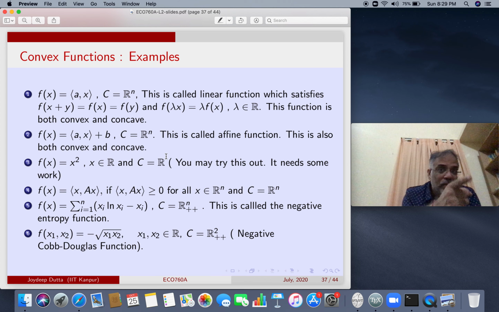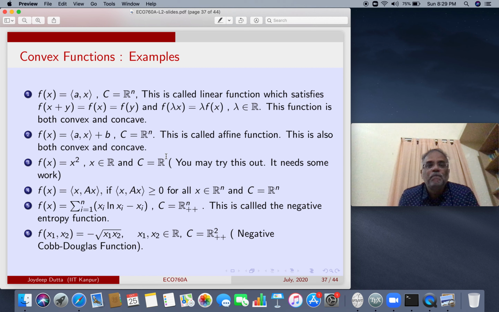I can tell you you need to do a good amount of manipulation which might bore you off. So just proving things from first principle is not so easy. So to decide whether a function is convex, something else has to be done.